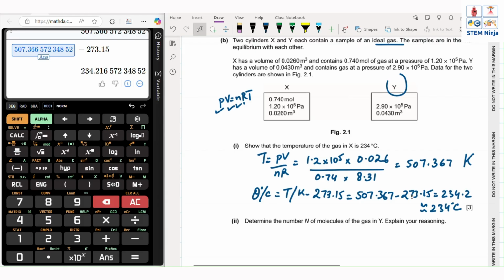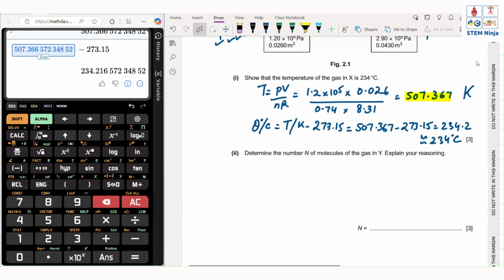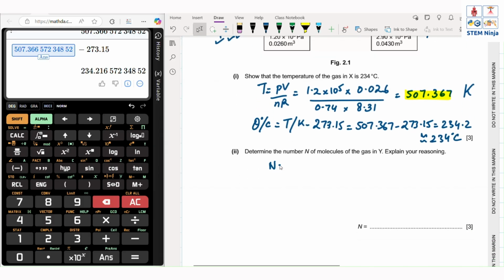Determine the number N of molecules in the gas Y. So they are at the same temperature, which is this one, and this gas also obeys the ideal gas. Since we need the number N, we can use N k T this time. So N is equal to PV over kT.